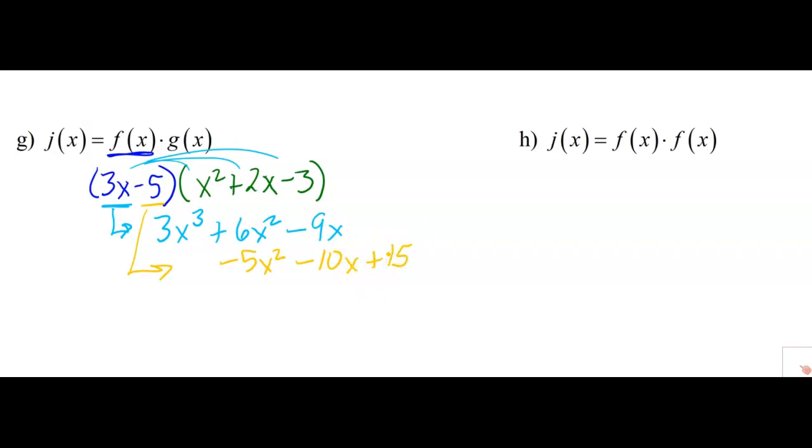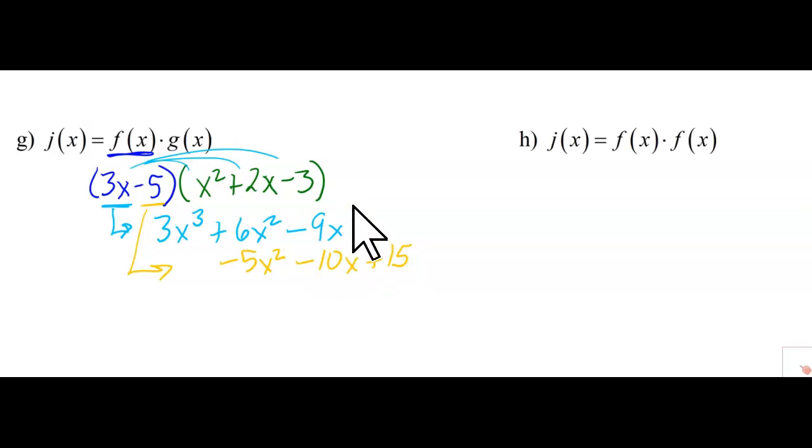Notice I did move this over, and the reason is that I'm trying to stack my like terms. So basically I'm trying to get my like terms on top of each other, and most of the time this is going to work out pretty nicely.